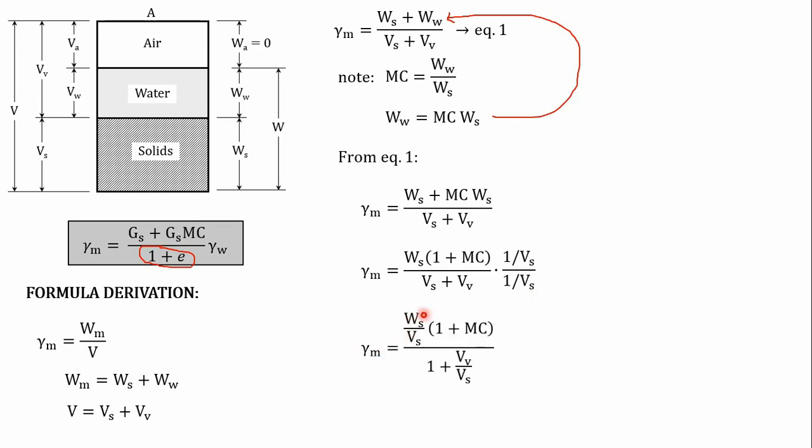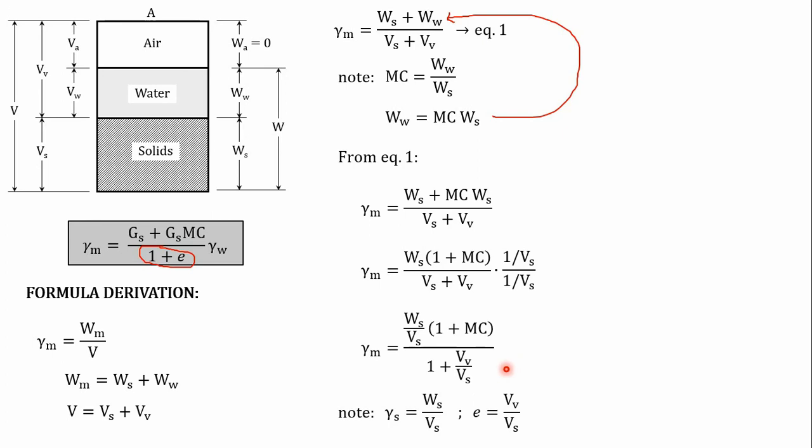Moist unit weight is equal to weight of solids divided by volume of solids times (1 plus moisture content), divided by 1 plus volume of voids divided by volume of solids. The 1 comes from volume of solids times 1 over Vs, which is equivalent to 1. Did you get it?